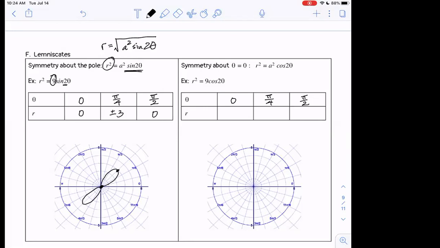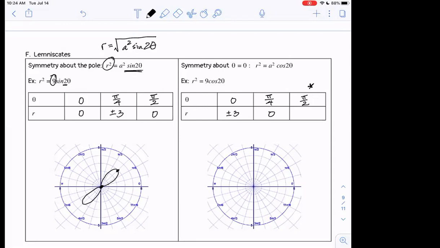All right, so if we do the same thing for our r squared equals 9 cosine 2 theta, we fill in our table, and we're going to get plus or minus 3 here, we're going to get a 0, and what are we going to get over here when we plug in pi over 2? You're going to get plus or minus 3i. So that's something to think about: what values can you plug in, and what values can you not plug in?